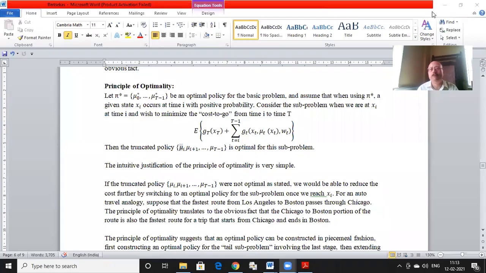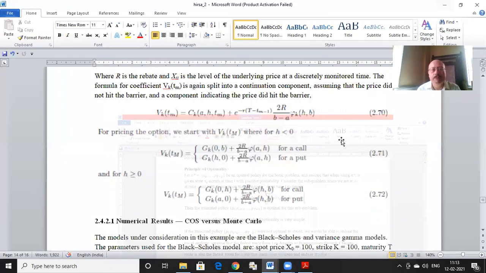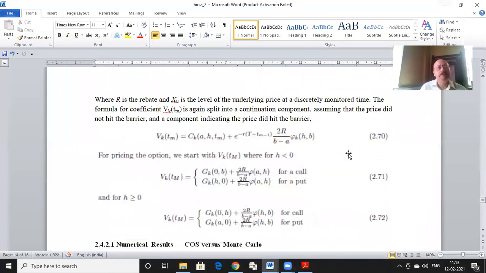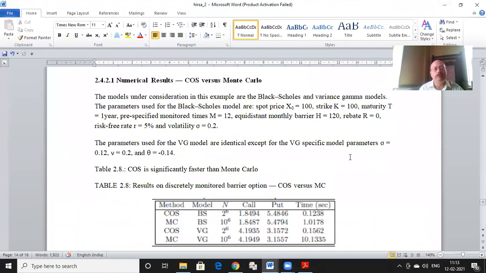Okay, all right. So I think we have done enough dynamic programming. Now let me come back to finance and let us look at the numerical results. So what are these numerical results? We are basically trying to see how good the cosine method is.